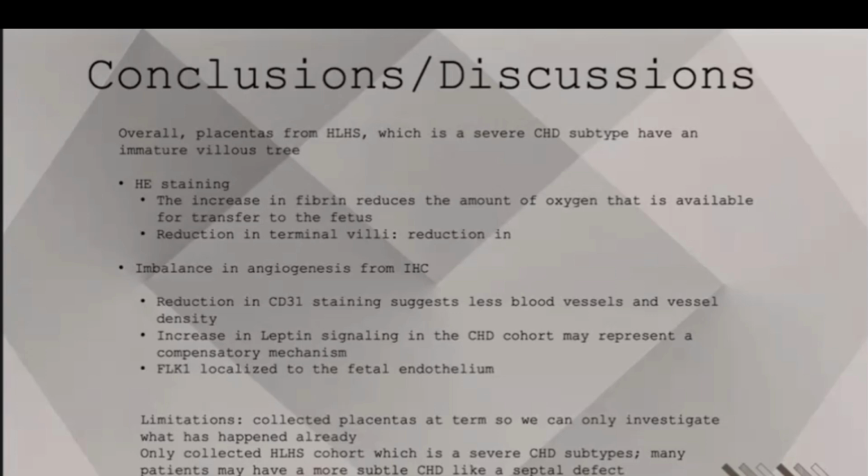So there were a few limitations. These placentas were collected at term, so they could only investigate what has already happened. They don't know what's going on at the beginning of pregnancy, so they really can't say what is causing the heart defect. They just know that the placenta is trying to compensate for this dysfunction in angiogenesis.